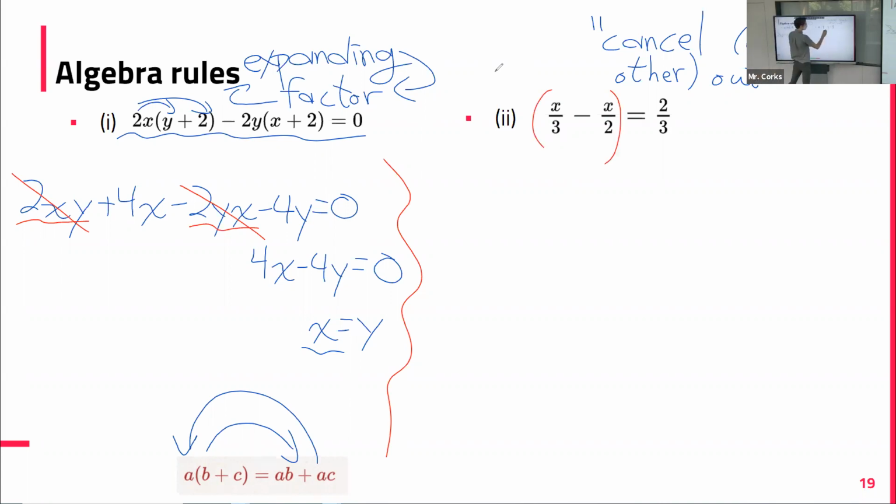Just the whole thing by 6 and by 6. Okay, so that would give me 6x over 18 minus 6x over 12. Is that helping? No. Can I try? Okay, go ahead.